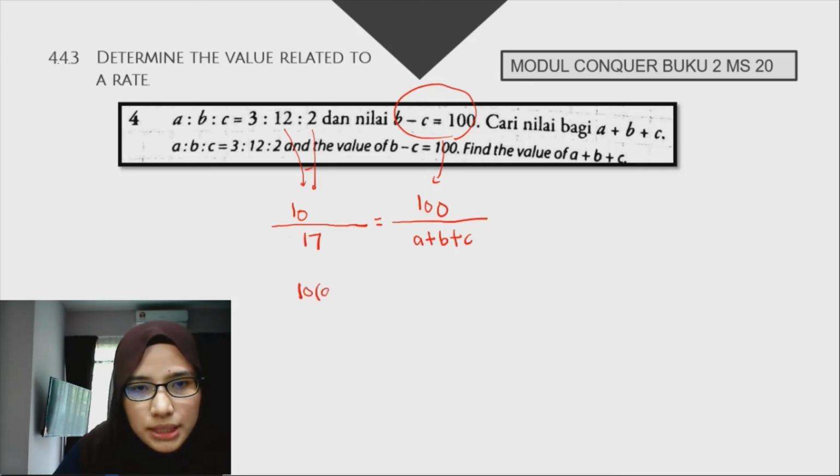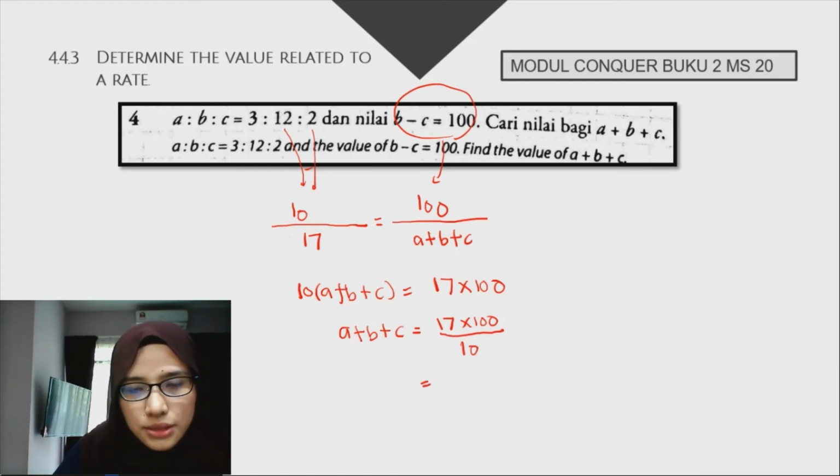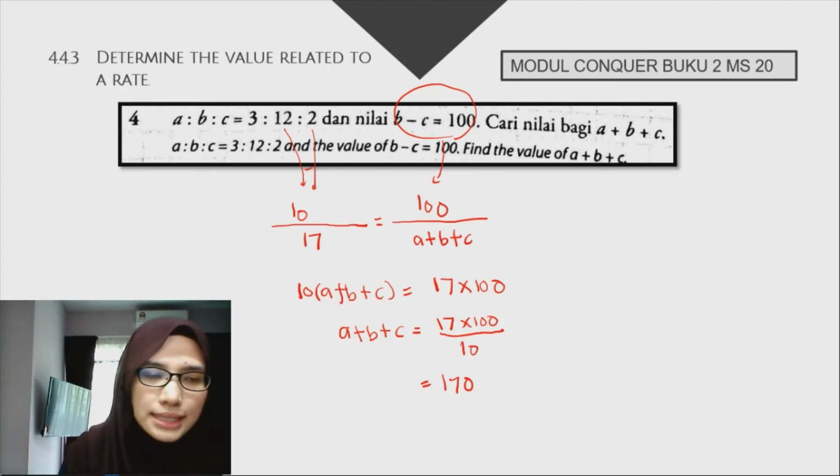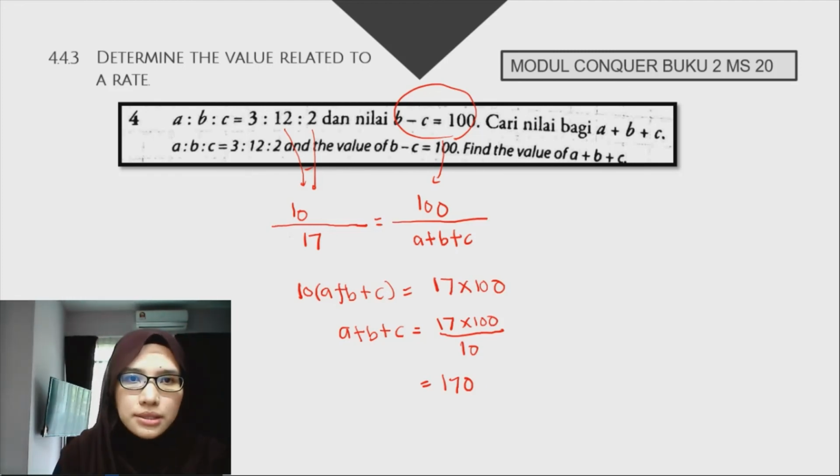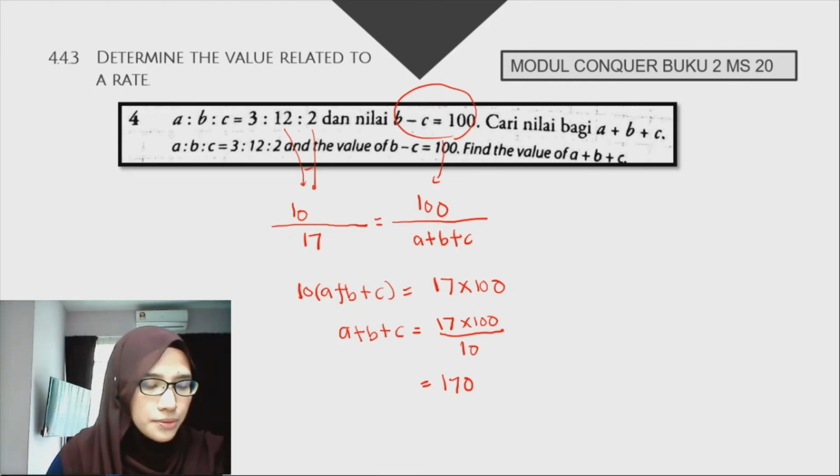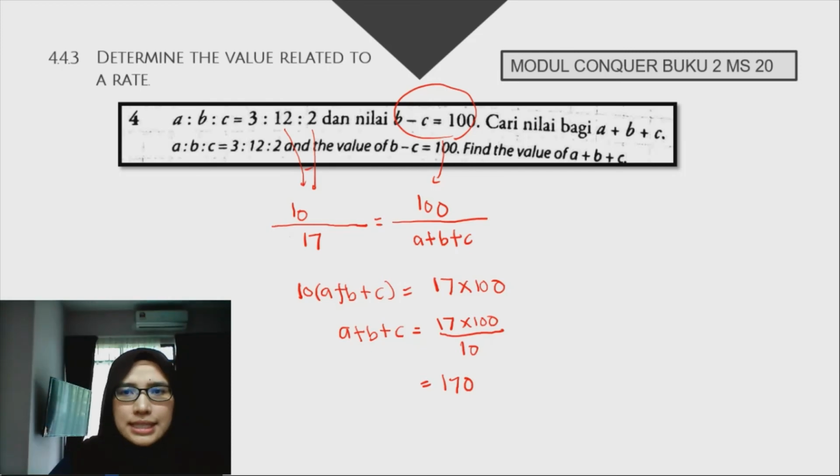So cross multiplication, 17 times 100. a plus b plus c is equal to 17 times 100 over 10. So you get your answer 170. So that's how you calculate when you are given ratios and a given value, and you want to calculate your total value. So that is your 3 skills of calculating rates, ratio, and proportion.